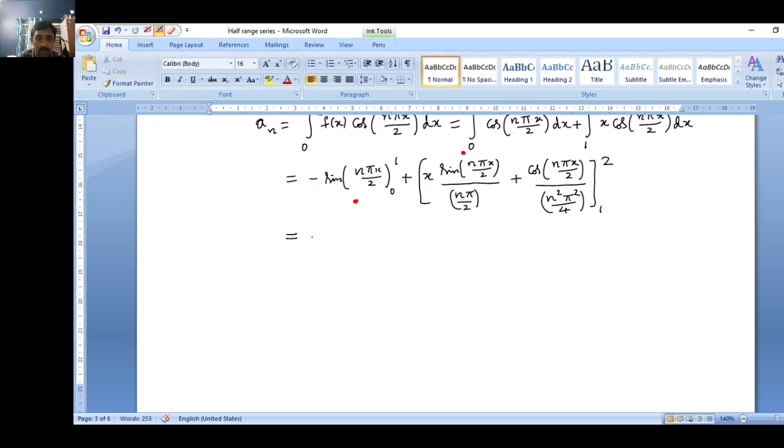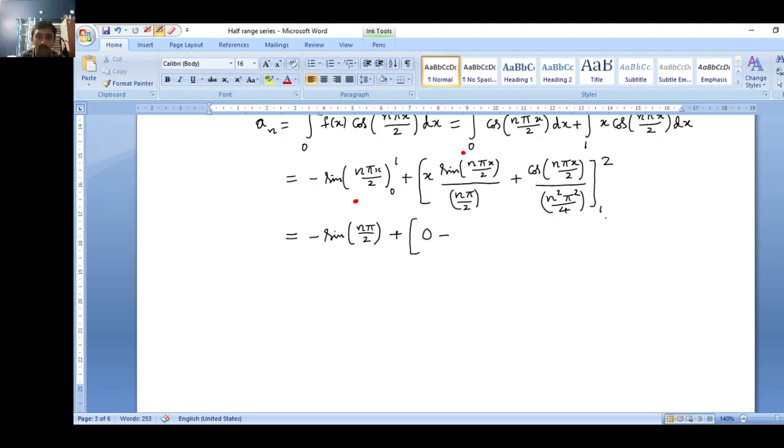Okay, so accordingly, now because the upper limit is non-zero, this will be minus sine n pi by 2, correct? And when we come to this expression, in this, for the first term, the upper limit is 0, so I will simply write as 0.